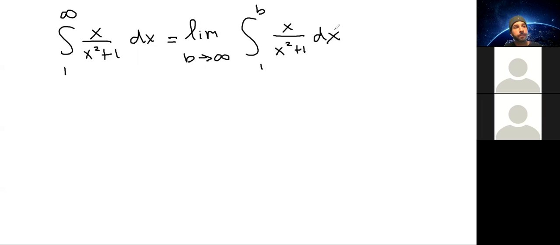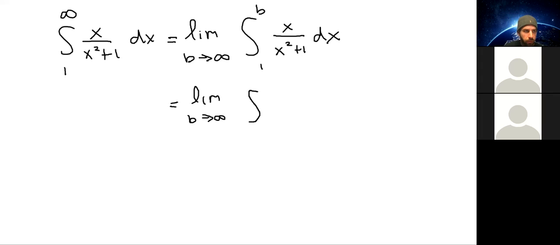Now, how do I integrate this? This is going to require a substitution. Some of us can maybe do this mentally, but most of us need to write it down. So what's the substitution? I am going to set u equal to the denominator.